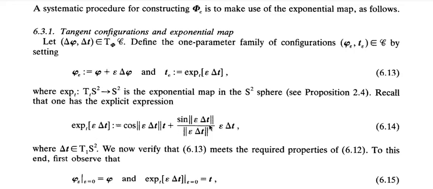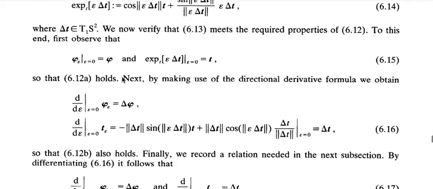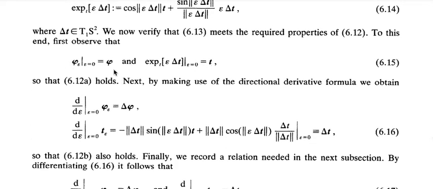If you put epsilon equal to 0, this term will get cancelled out and this will become just t, so we get t back. And if we consider d phi epsilon by d epsilon, then what we will have is just this delta phi over here. So this is satisfied.